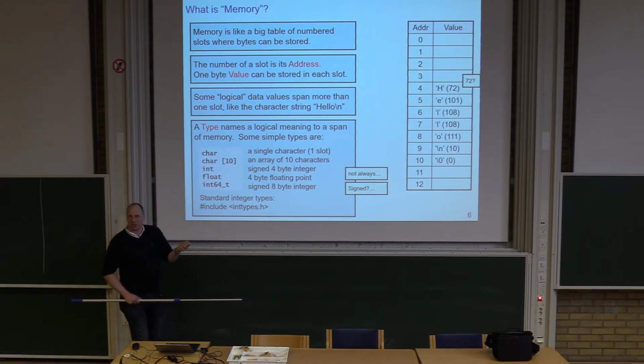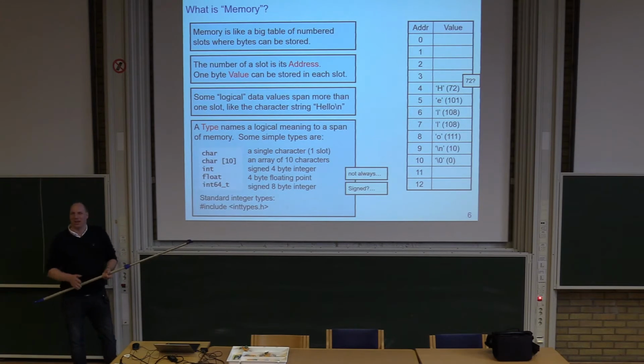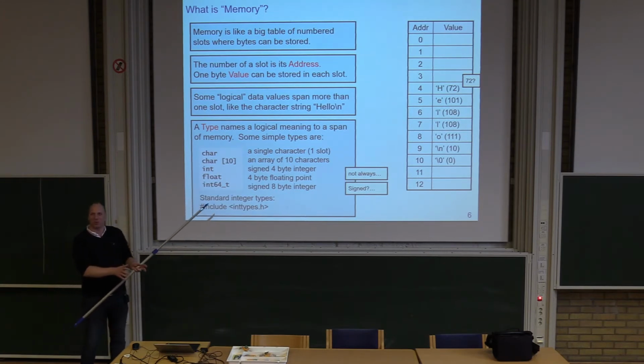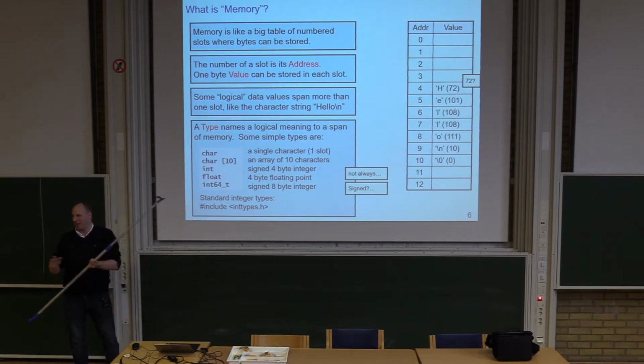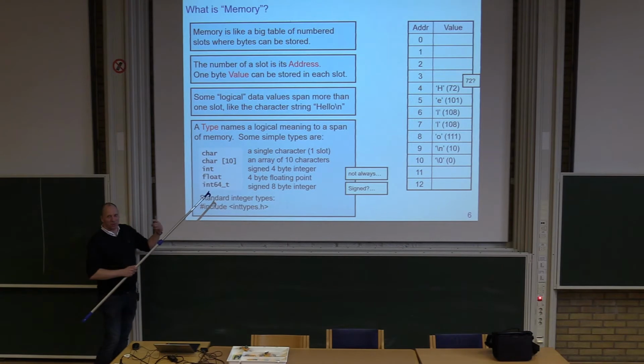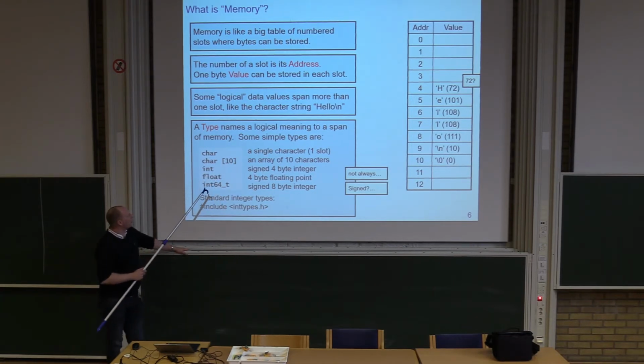That's why exactly the same code compiled on one processor can have a different behavior than if you compile it on some other processor, because you can store numbers of different sizes. And then we had floats.